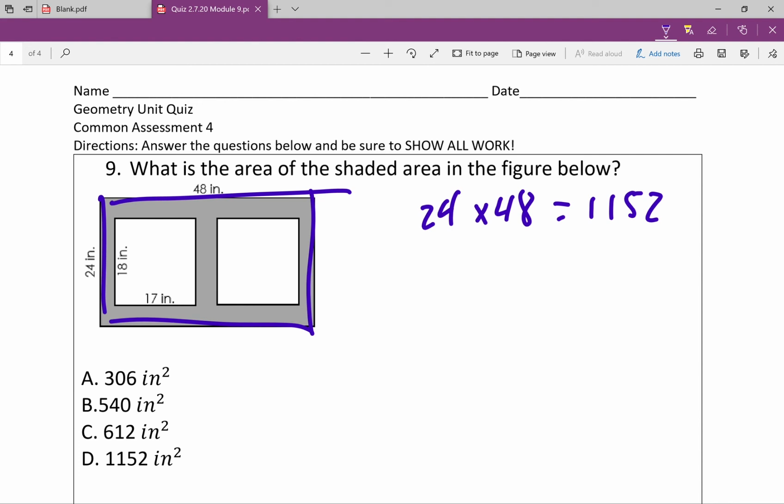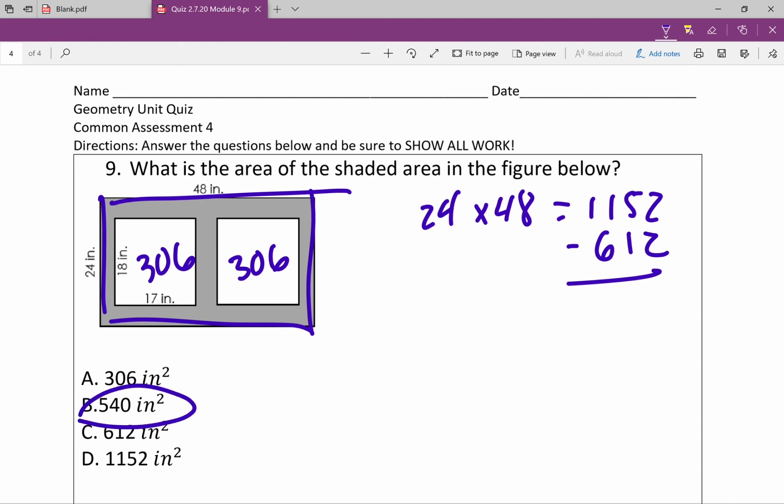And then the area of the small ones is 18 by 17, which is 306, but I got two of them. So I'm going to subtract 612, and my answer is 540. When I subtract them, I get 540 inches squared.